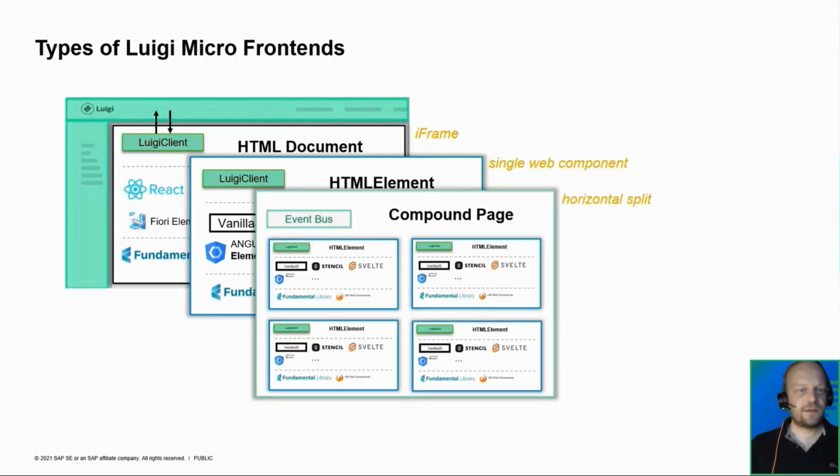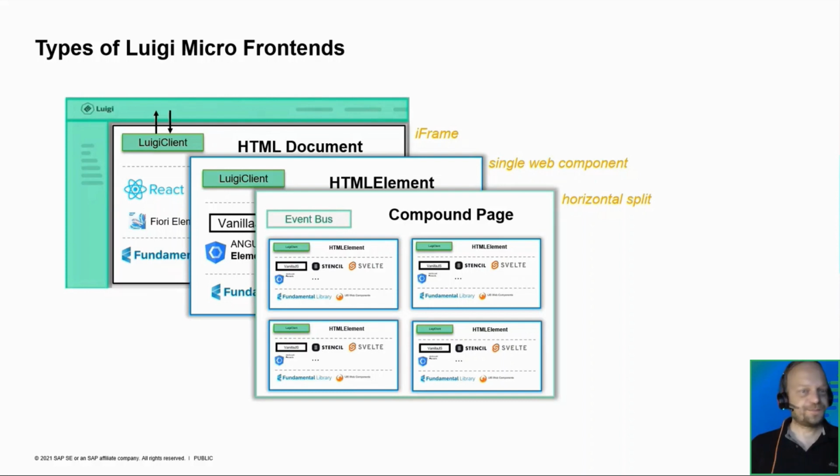But then we also have horizontal split capabilities. That means you have one page where multiple micro frontends can be displayed. And here, of course, each micro frontend also has the Luigi client API, but they also have access to a common event bus in order to communicate with each other on the same page, which is often required, I would say.